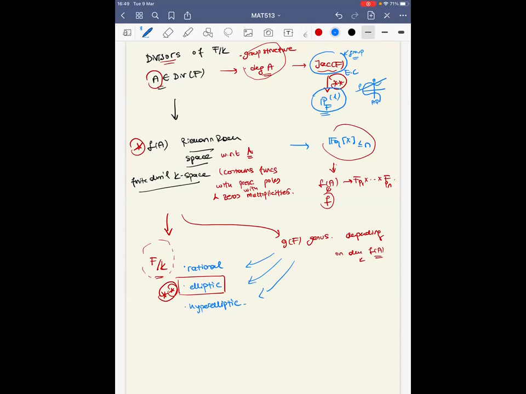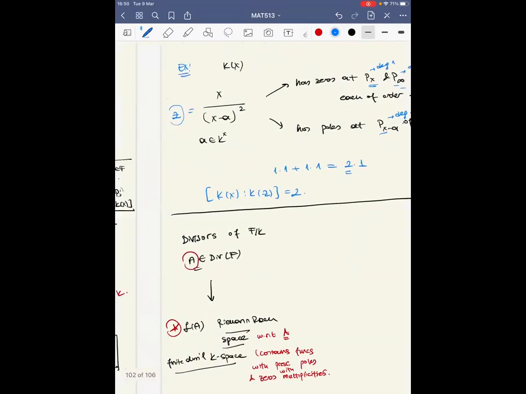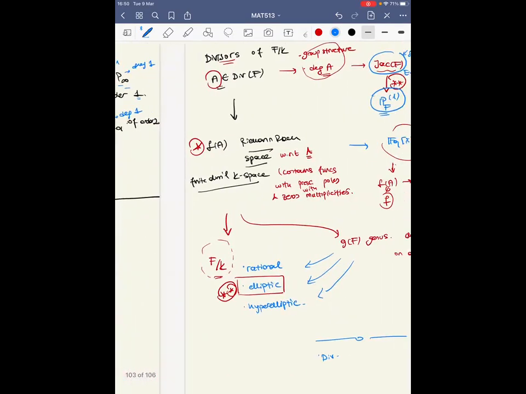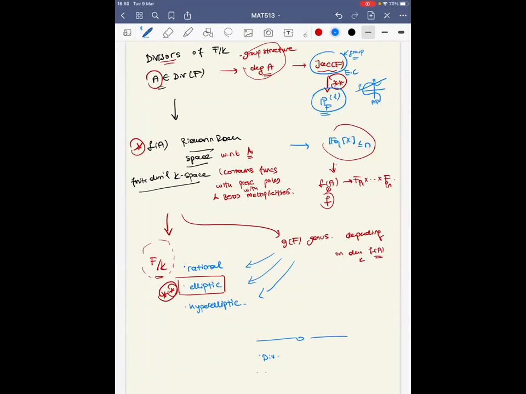So in the next video, next week, in order to understand this picture, first we define what we call divisors and the divisor group, and correspondingly, we will introduce the Riemann-Roch spaces.